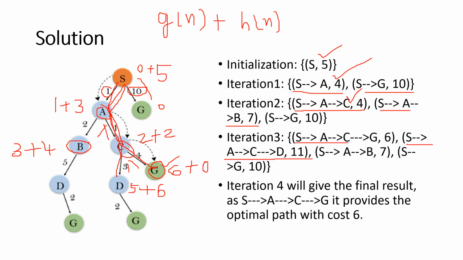So SACG, that is 6. So now we reach the goal state and our optimal path is S to A to C, then to G, with the total cost 6. So iteration 4 will give you the final result, S to A to C to G. It provides the optimal path with the cost 6.